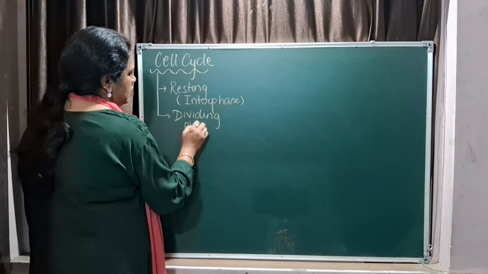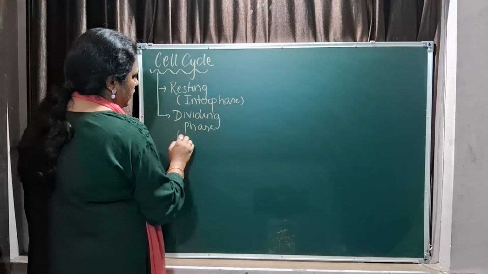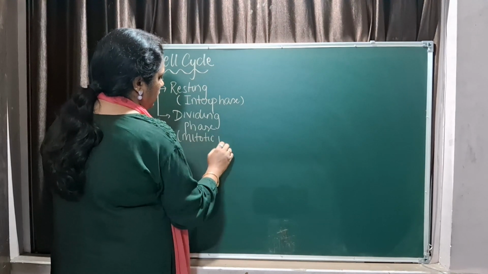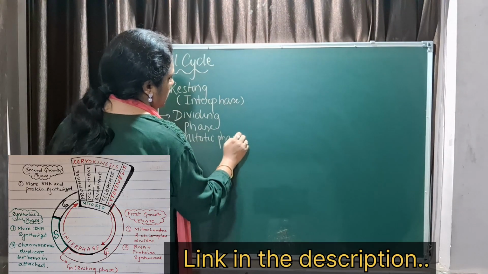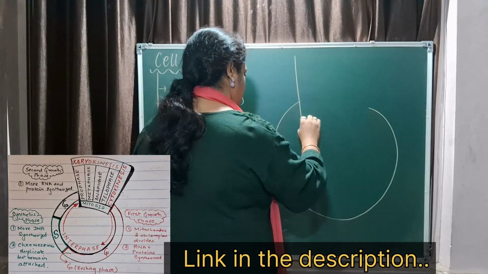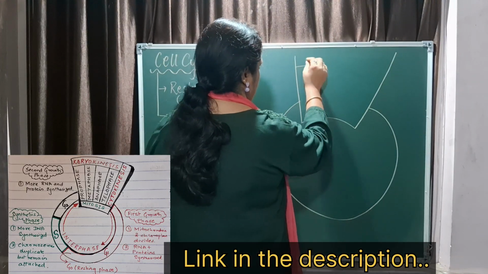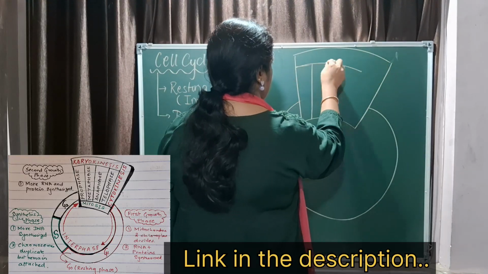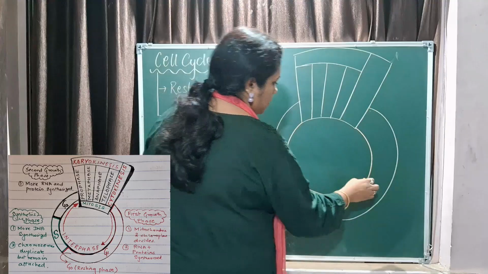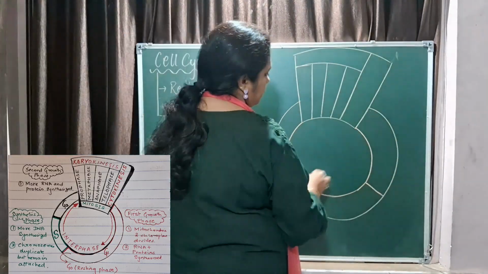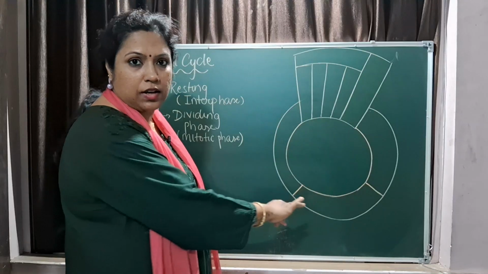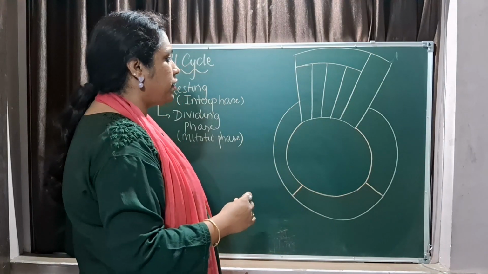Let me quickly draw the diagram of the cell cycle. I have drawn the rough diagram. Labeling, I will do it in front of you.